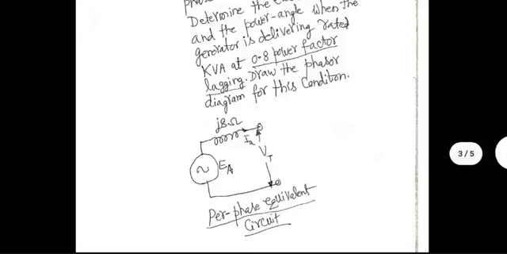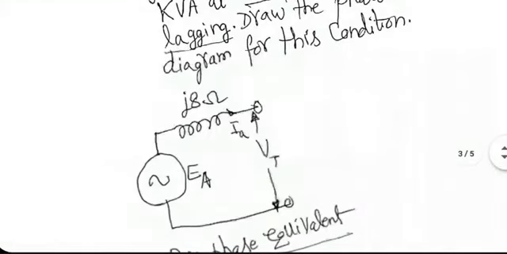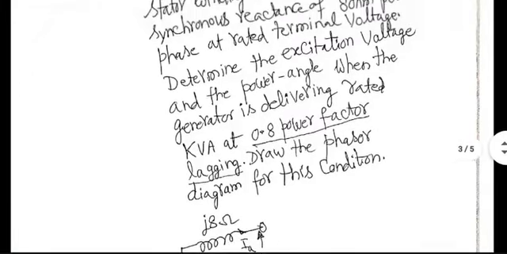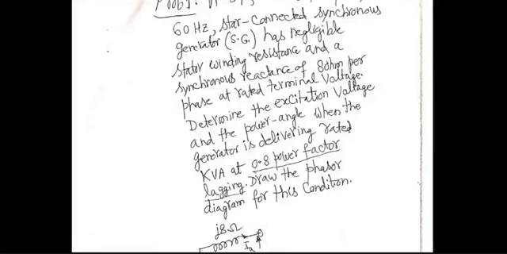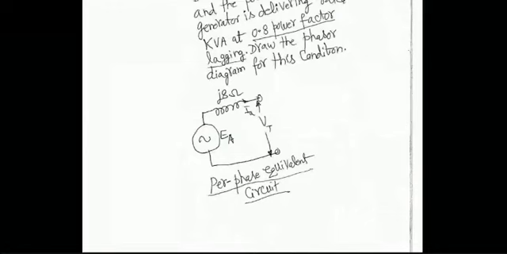Draw the equivalent circuit to begin with. There is no resistance in the equivalent circuit, and XA and XAR total is given. So the single phase equivalent circuit is not bad at all. EA with a j8 ohm reactance in series, and then VT. Simple enough. That's the equivalent circuit. You should never make a mistake. Otherwise, everything else will go wrong. Based on what is given to you, draw the equivalent circuit correctly.